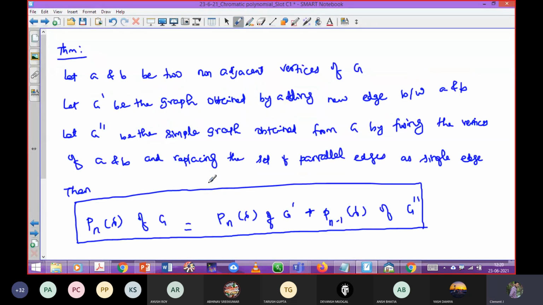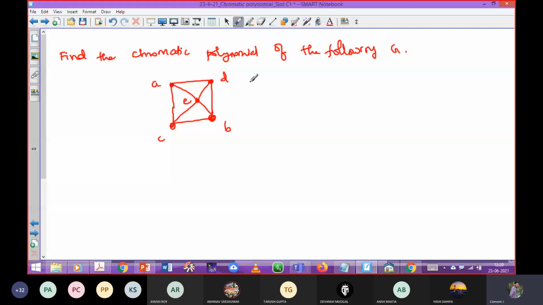Now, what is the main procedure to attain the 10 marks? The theorem is given here. Anyway, let me explain this not as theory, but directly as a problem. So one by one we can go with it. First problem: find the chromatic polynomial of the following graph.